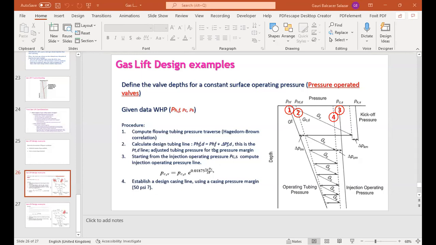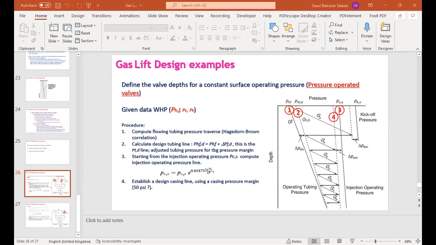The task is to define the optimum gas lift ratio given the conditions. Once we define the optimum gas lift ratio, we have to calculate the required injection gas lift ratio. So we have right here this equation.